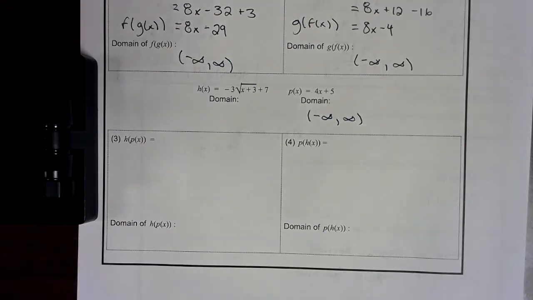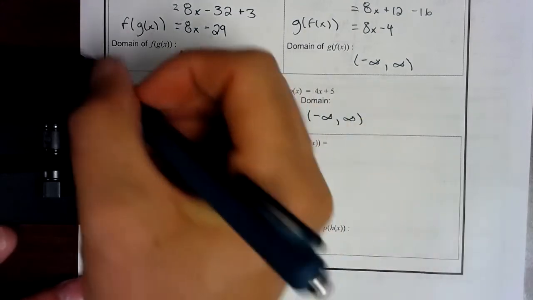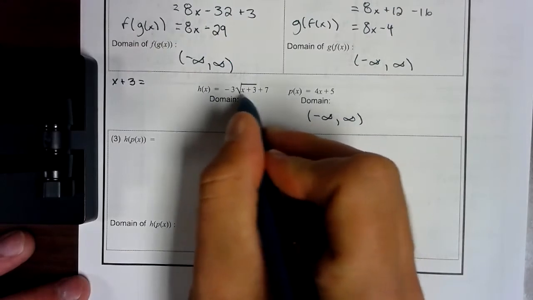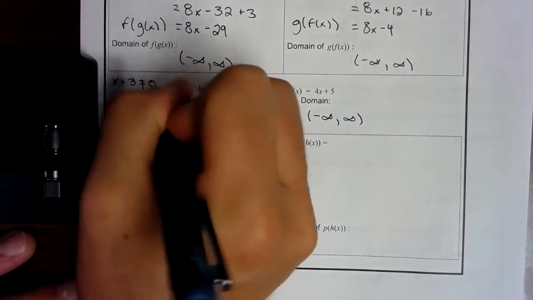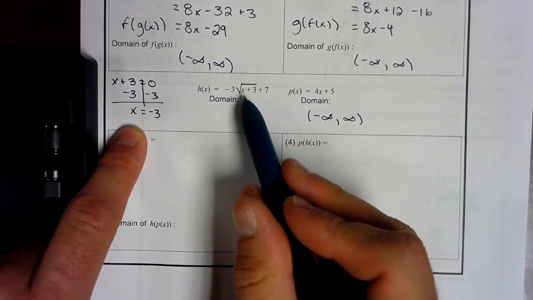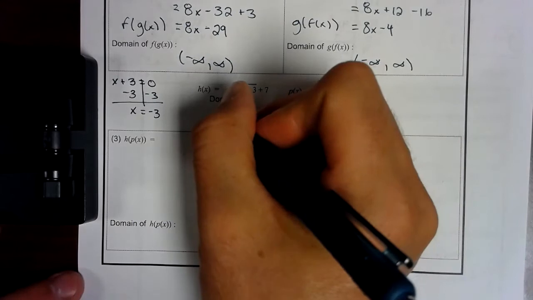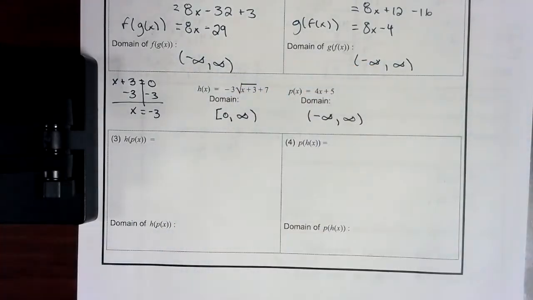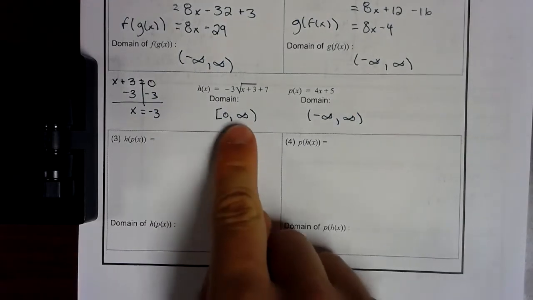So we need to figure out what's the smallest value of x that we can plug in where we're not taking square roots of negatives. We're always going to find that by taking the inside of the square root, which is that x plus 3, setting it equal to 0, and solving. So I minus 3, get x equals negative 3. If I plug in negative 3, negative 3 plus 3 is 0, and we can take the square root of 0. So the smallest number that works is negative 3, and then we can take any number greater than that, up to infinity.